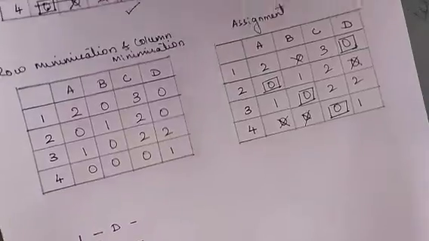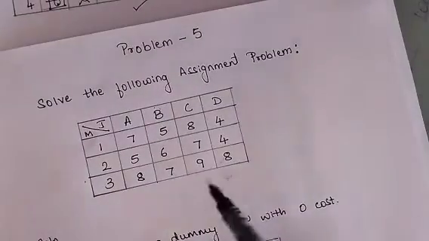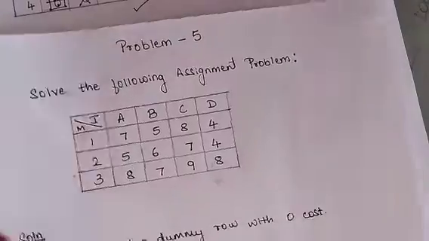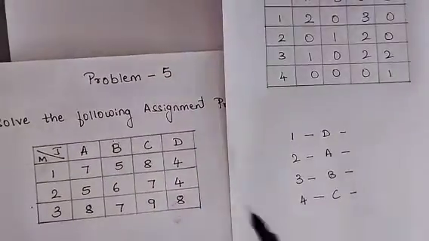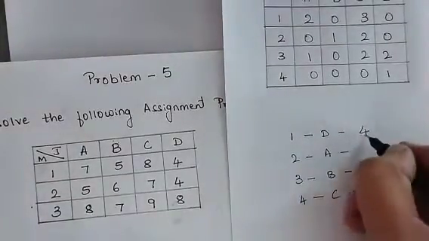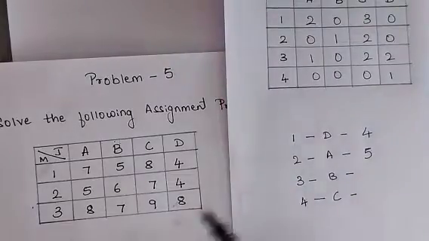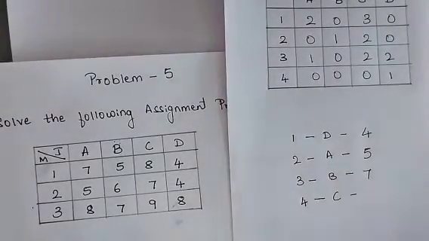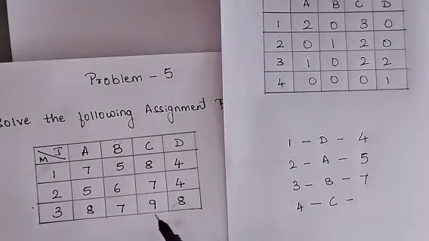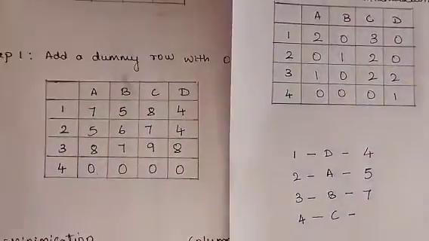Now let us take their original cost. The original cost has to be taken from the given problem. So this is our real matrix. Now let us see the cost. Here 1 is assigned with D, where the cost is 4. 2 is assigned with A and the cost is 5. 3 is assigned with B and the cost is 7. 4 is assigned with C, and we know that this fourth one is a dummy row where all the costs are 0.